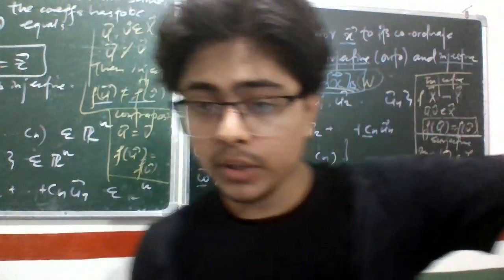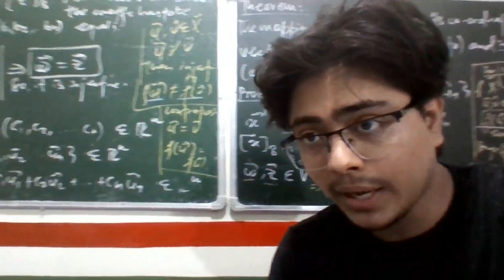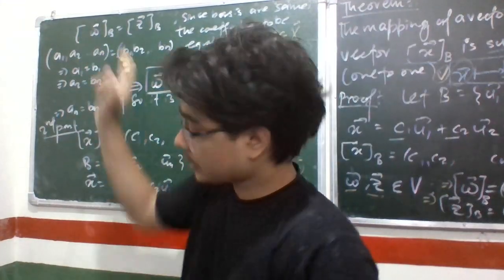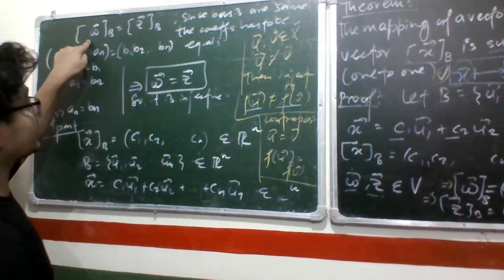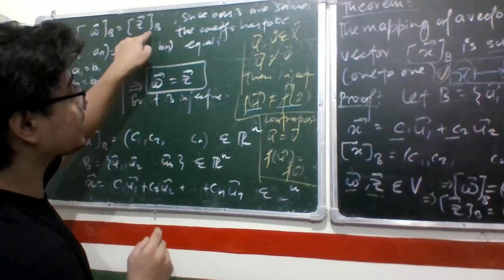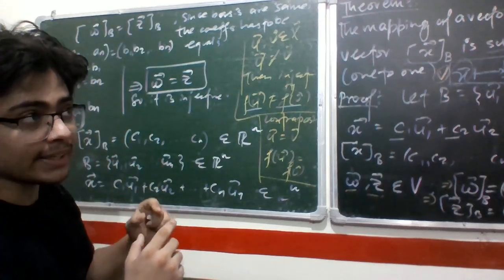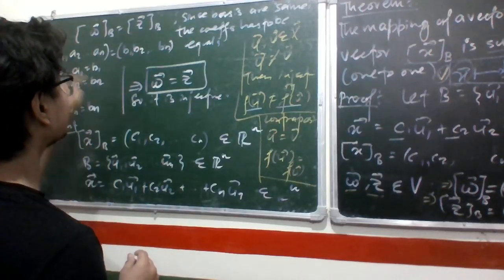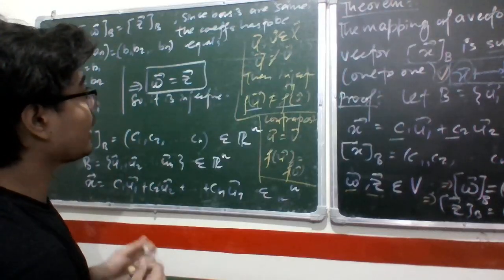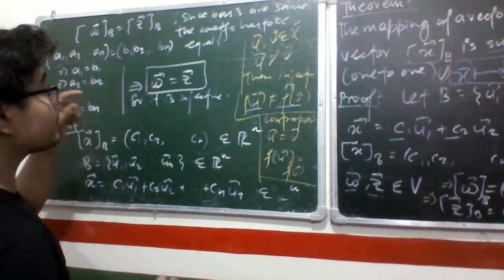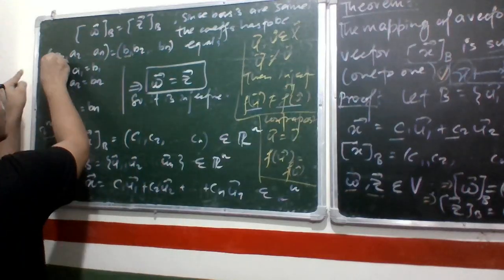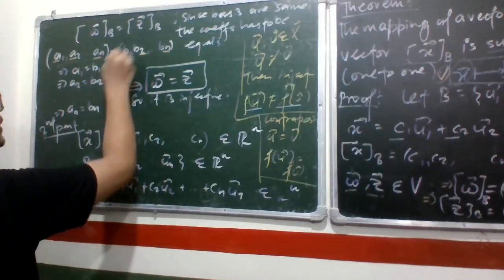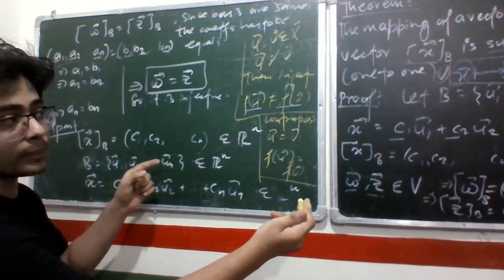So let's see this. If we consider the coordinate vectors of w and z to be equal, you can think of these as the codomain of w and z. If these are equal, and since the basis is the same, it must be the case that each of the components of the coordinate vector must be the same, and when the components of the vector are the same, the linear combination would be the same.